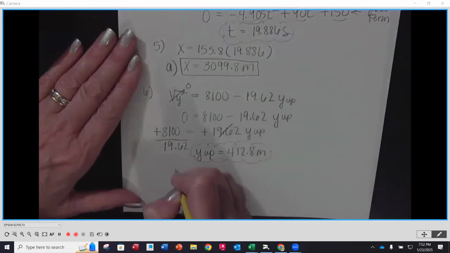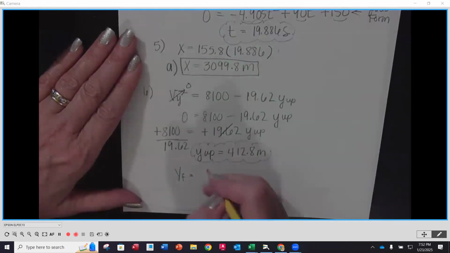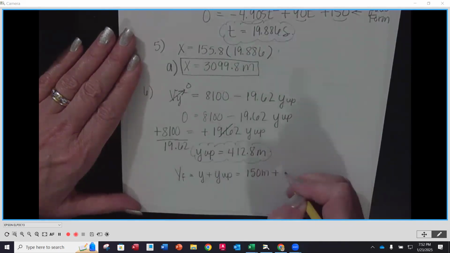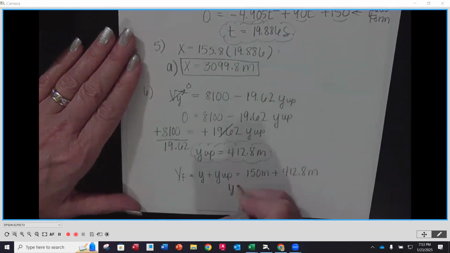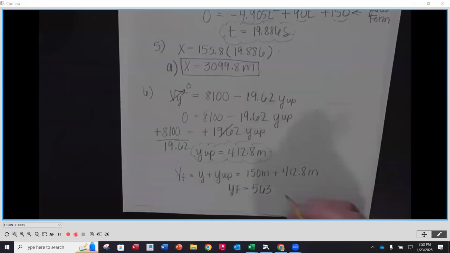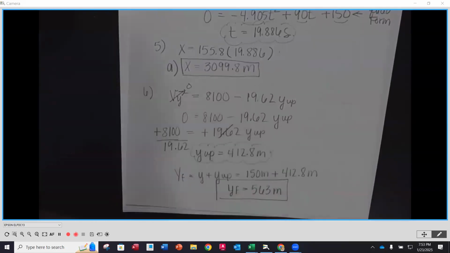Our y final, the highest elevation, is going to be y plus y up, which is equal to 150 meters plus 412.8 meters. So our y final from the bottom of the canyon floor is going to be 563 meters. This is a final answer.